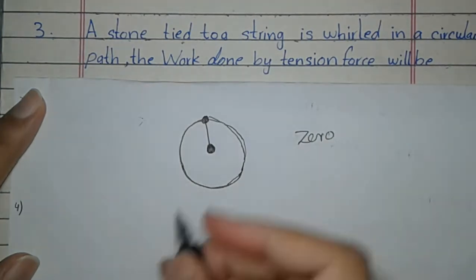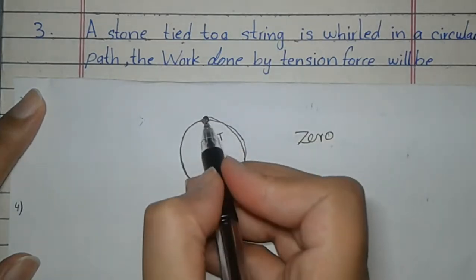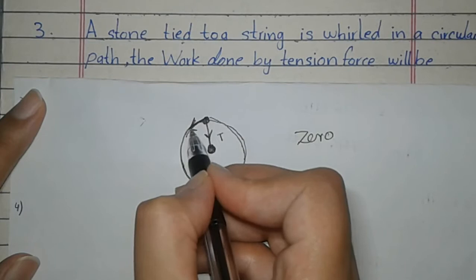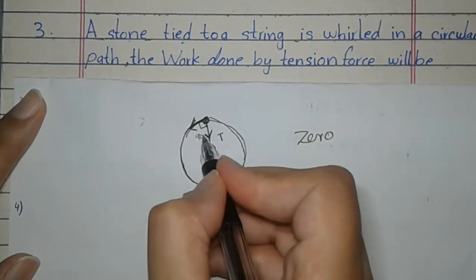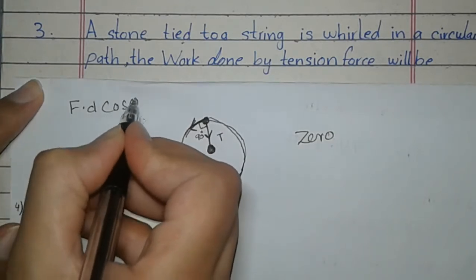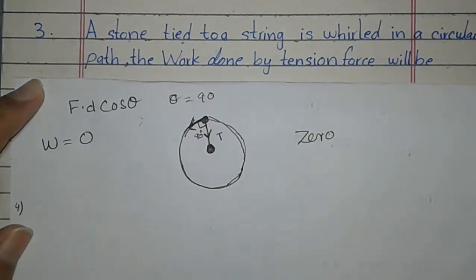How? Look, tension is in that direction, and the body is moving in that direction. So the angle is 90 degrees. When we put theta equal to 90 degrees in F dot D cos theta, the work is 0. That's why the work done by tension force is 0.